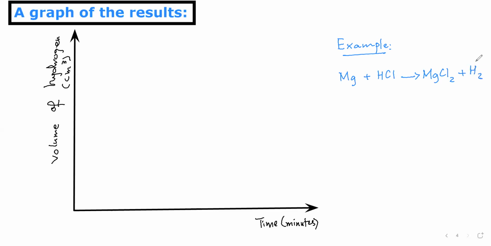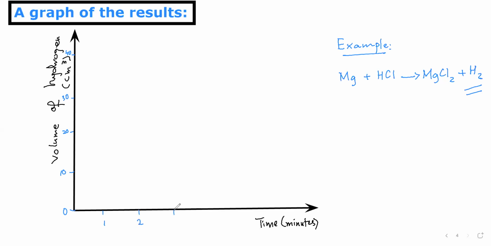Here we are measuring rate of reaction by measuring the volume of gas. Let's put the axis 0, 10. Of course, I'm not drawing according to scale, but when you draw, you will draw according to the scale. Here you will have time, 1 minute, 2 minutes.